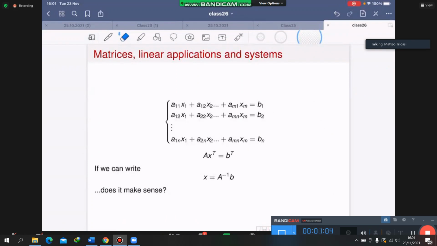The nice thing is the following. We can write linear systems in a matricial form.